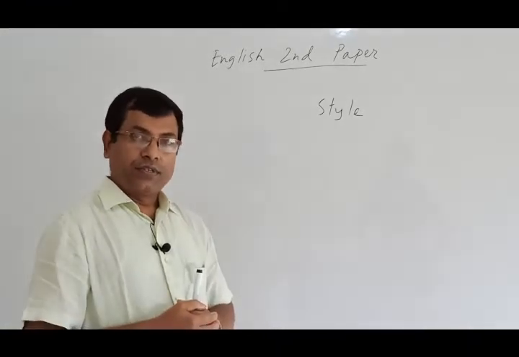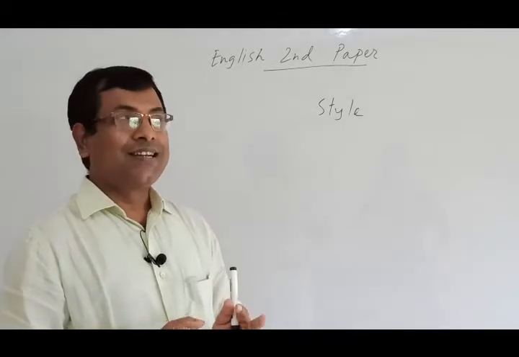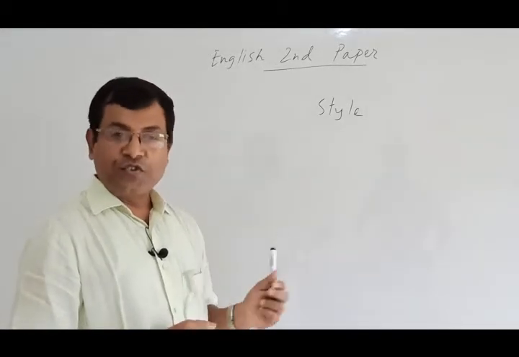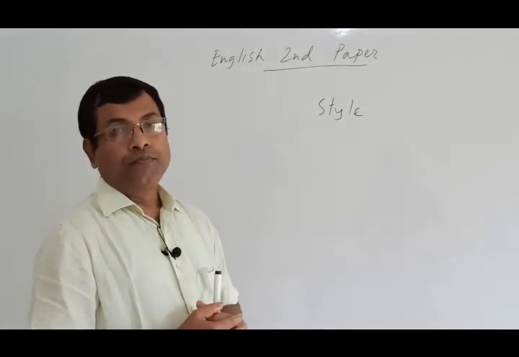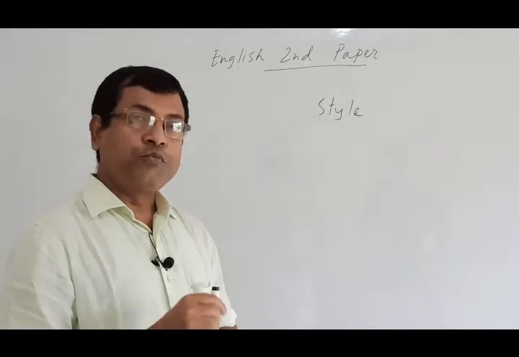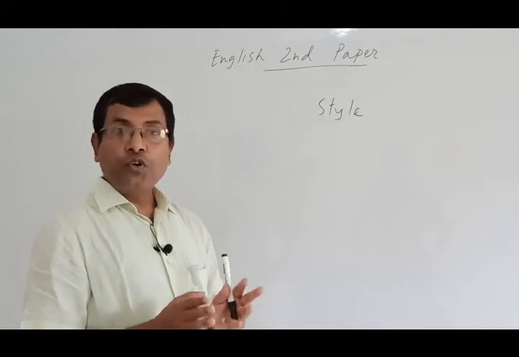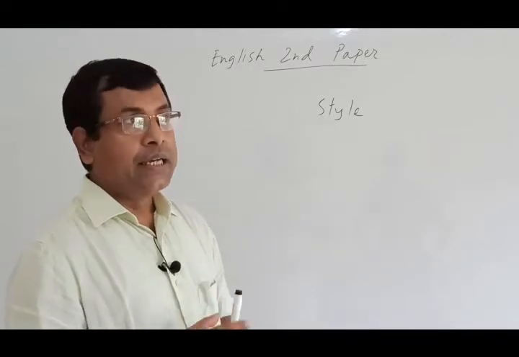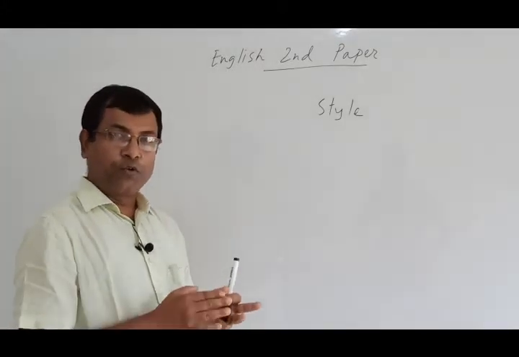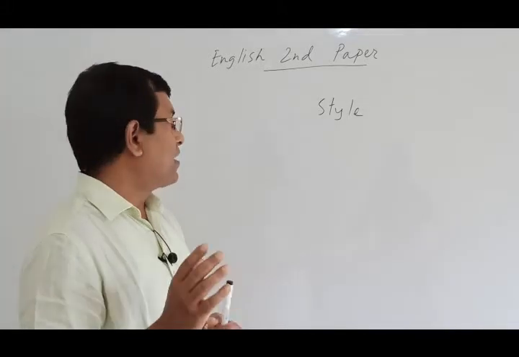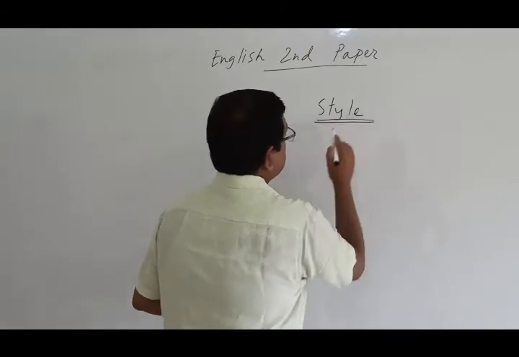Suppose you are asked to write a descriptive paragraph on a street accident, and then you are asked to write a narrative paragraph on the same topic, that means on a street accident, each time your language will vary, and this variation is very important. You must know this variation of language while you are writing something. So this is our description of style.